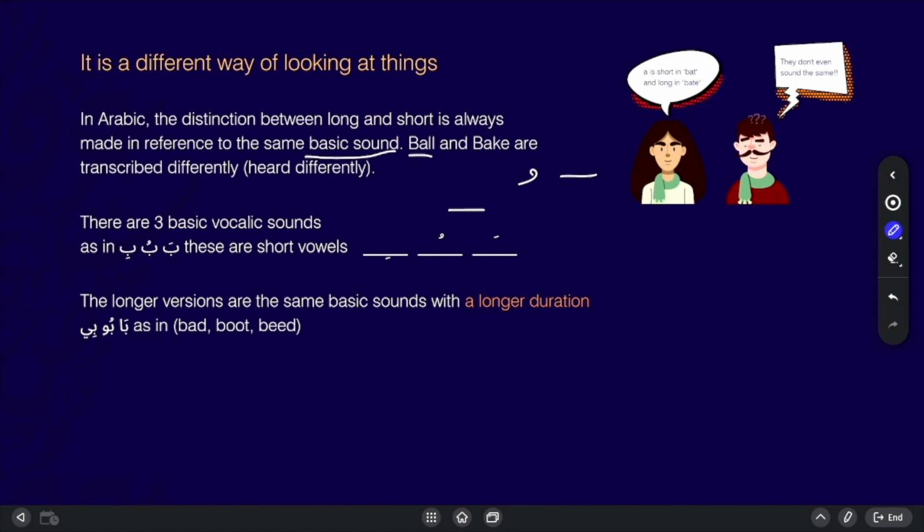That's it. A, u, e. The long ones are a, u, e. So ball would probably be transcribed as an alif, ball, if we're transcribing. Of course, this doesn't mean anything. Ball doesn't mean anything in Arabic.